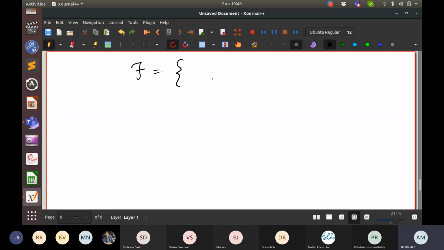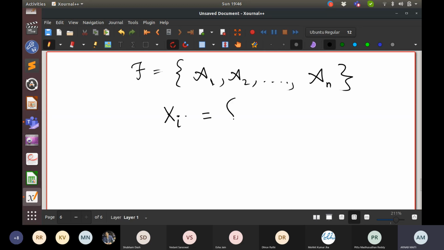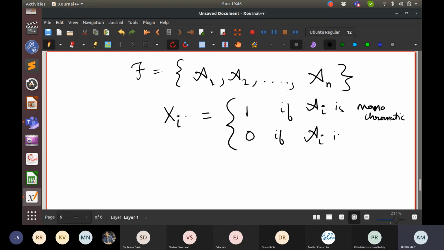So basically, let me repeat what I said. We have this family of subsets, and I'm defining this random variable xi, which will be 1 if Ai is monochromatic, and will be 0 if Ai is not monochromatic.